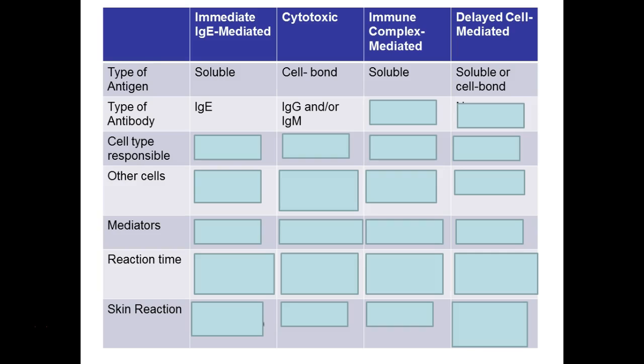For immune complex mediated, it's 2 antibodies again. Which 2? It's the same 2 as cytotoxic. IgG. Oh, wait a minute. It is just IgG. I messed up.